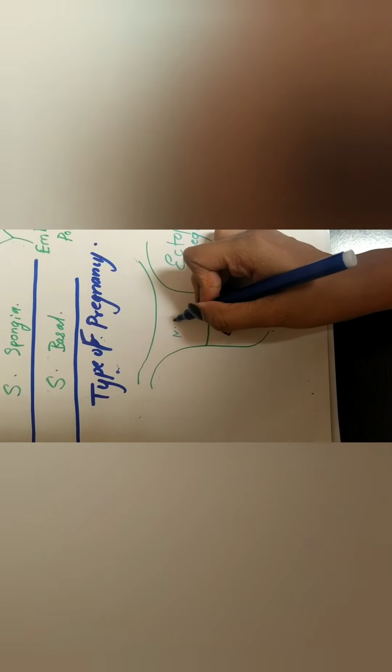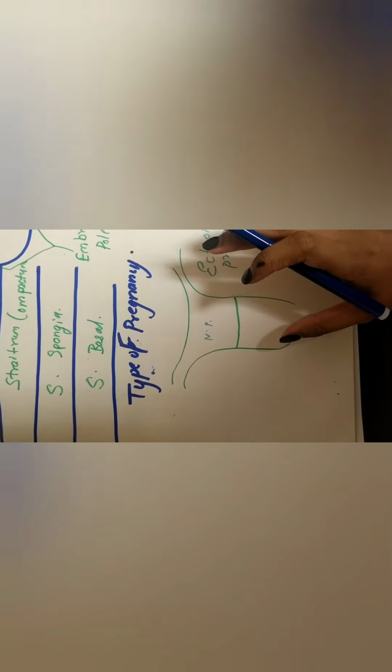The abnormal pregnancy is called an ectopic pregnancy. If the egg implants in this portion or any other portion, it is called an ectopic pregnancy.